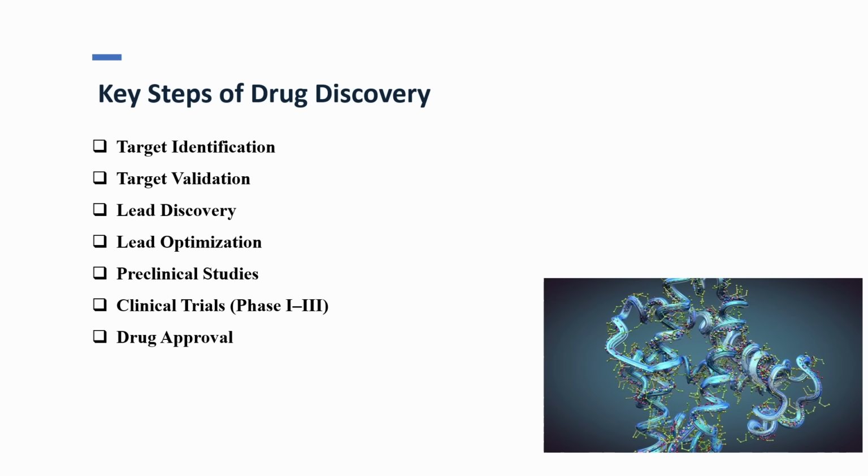Now coming to the key steps in drug discovery. What are the various key steps used for drug discovery? First, identification of target. Then validation, lead discovery, lead optimization, preclinical, clinical trials, and finally approval.